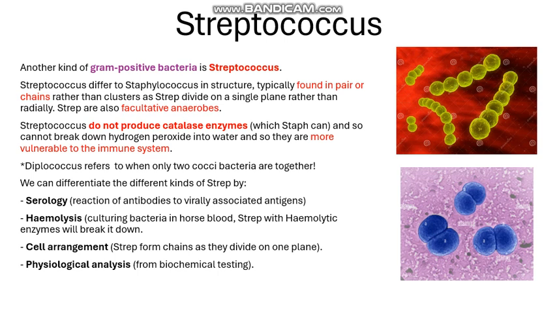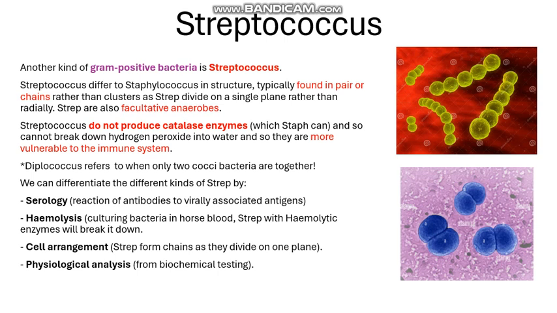Streptococcus differ from Staphylococci in structure because they are typically found in a pair called a dimer, shown here, or in a chain, shown here on the top right, rather than in clusters. Like I mentioned when we were talking about Staphylococcus, the strep divide along a single plane, meaning say there's one single spherical streptococci.